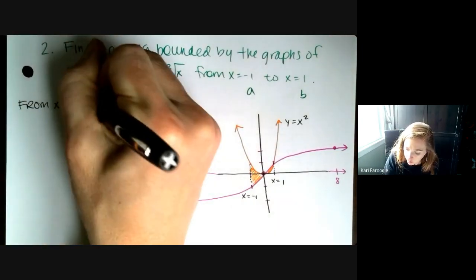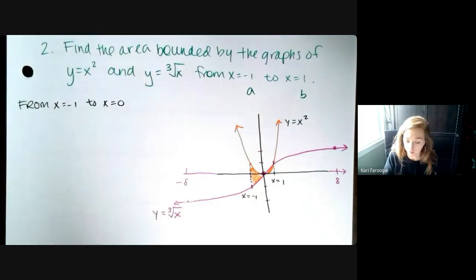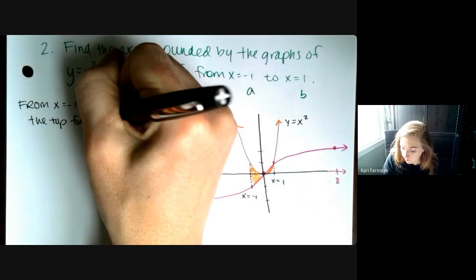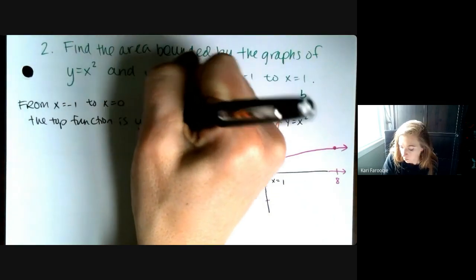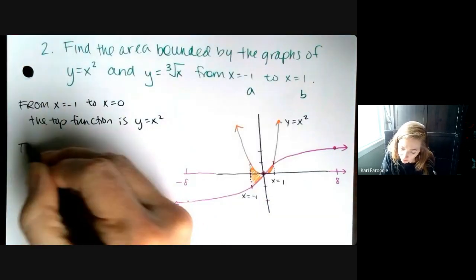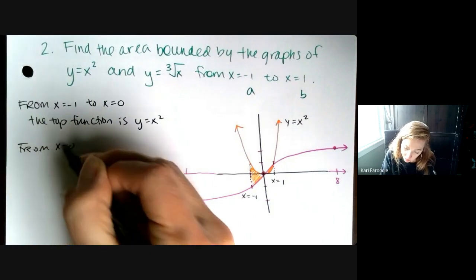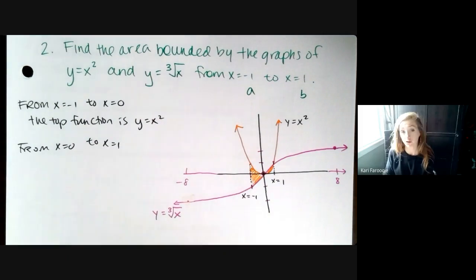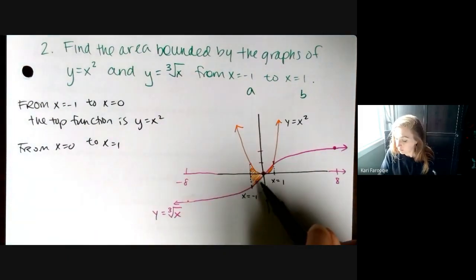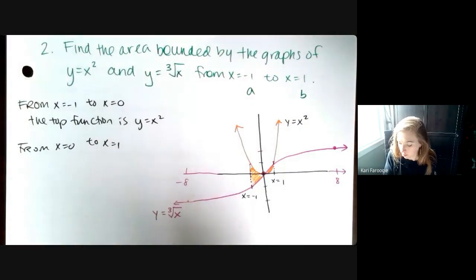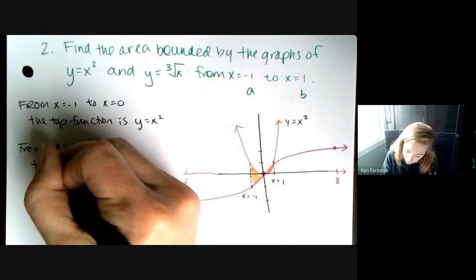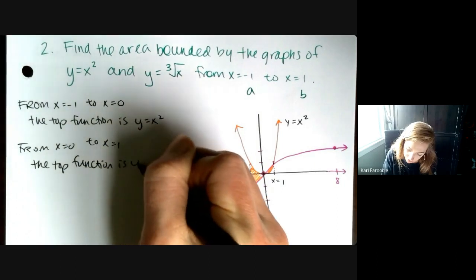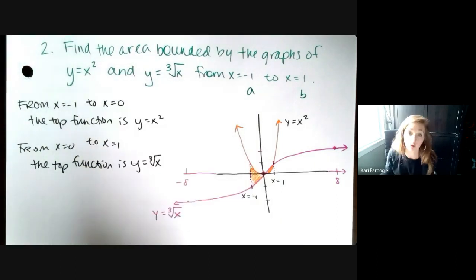From x equals -1 to x equals 0, the top function is y equals x squared. But from x equals 0 to x equals +1, the top function switches. The top function is now the cube root of x. Top function is y equals the cube root of x.